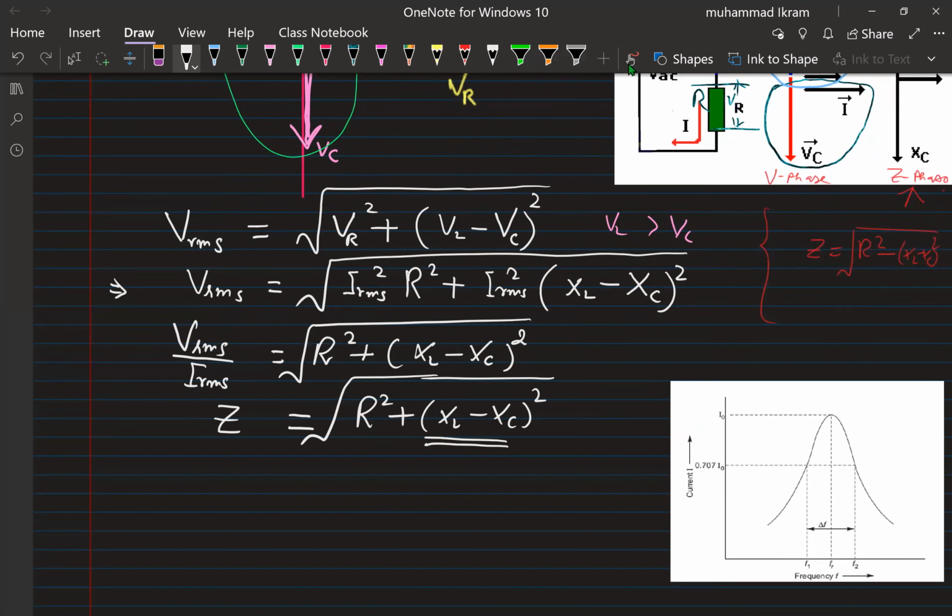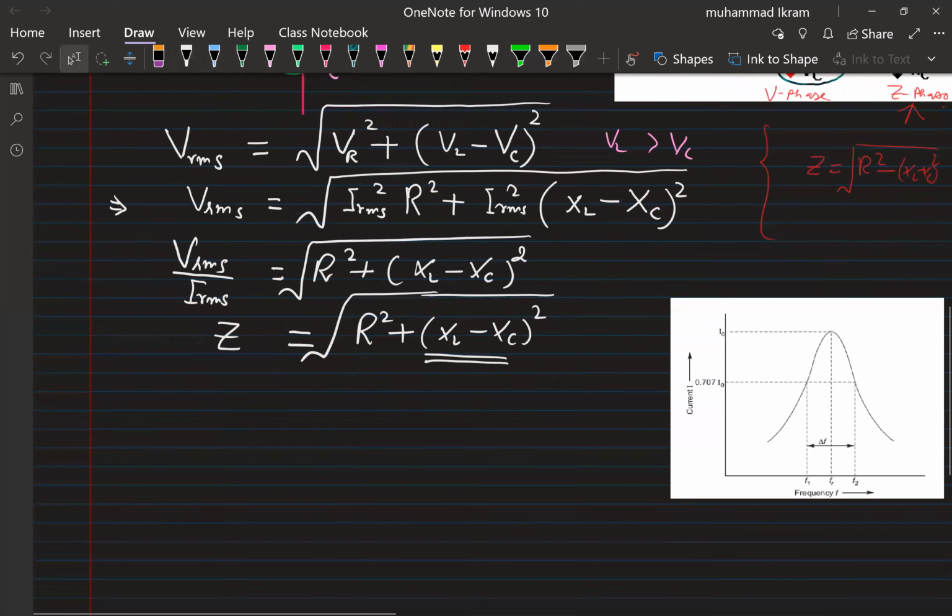The next important point here is the phase angle.